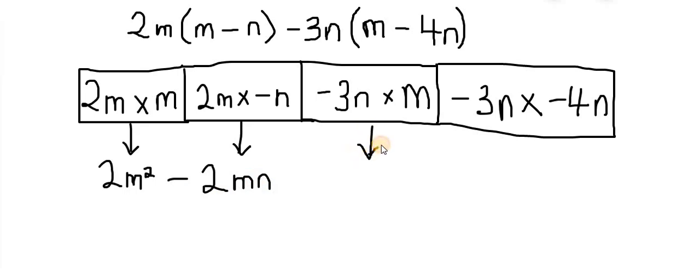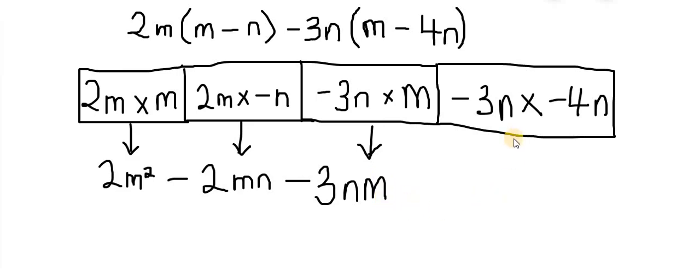Once again, same process. There's a minus here. There's an invisible plus sign here. Minus times plus gives you a minus. There's a 3 here. There's an invisible 1 here that doesn't show. 3 times 1, 3. N times m, that's nm.